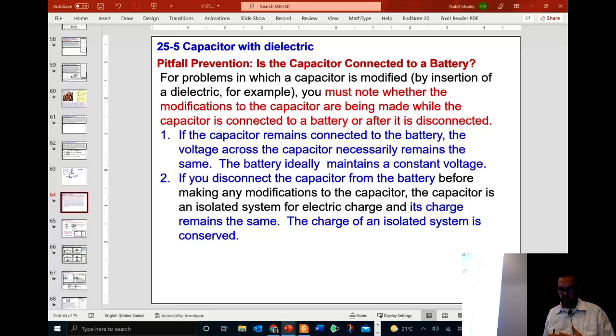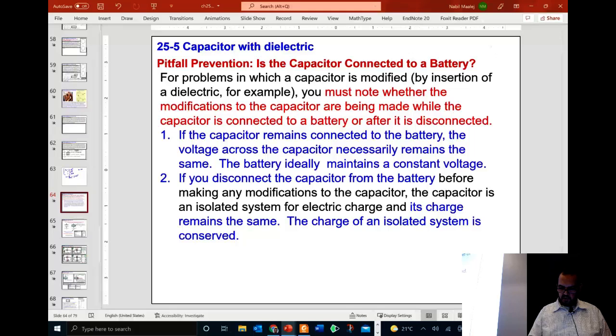If the capacitor remains connected to the battery, the voltage across the capacitor necessarily remains the same. If, however, you disconnect the capacitor from the battery before making any modification, the capacitor is an isolated system for electric charge and its charge remains constant. So in one case delta V is constant when the battery is still connected. In the other case, the charge is constant. So keep this in mind when you solve problems.